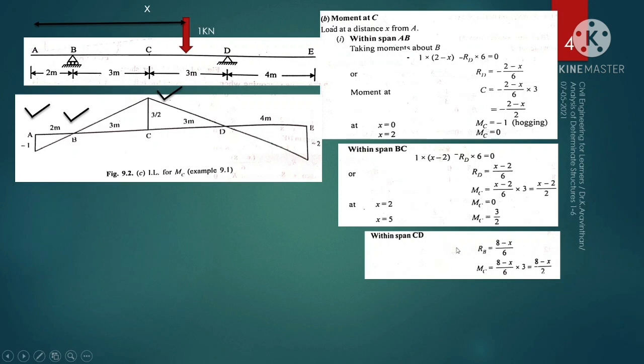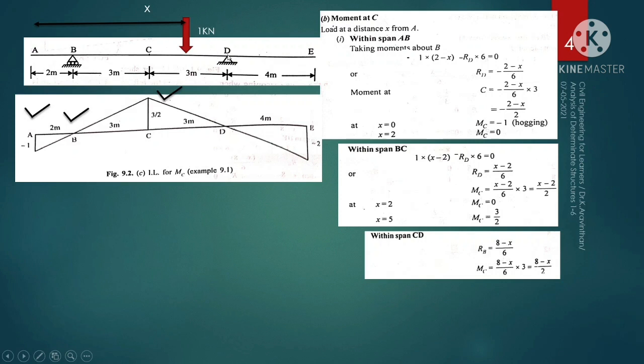Hence RB into 6 will be here, and 1 into the distance. The total distance is 8, so 8 minus x will be this distance. After the cross multiplication you get RB equal to (8 minus x) by 6.